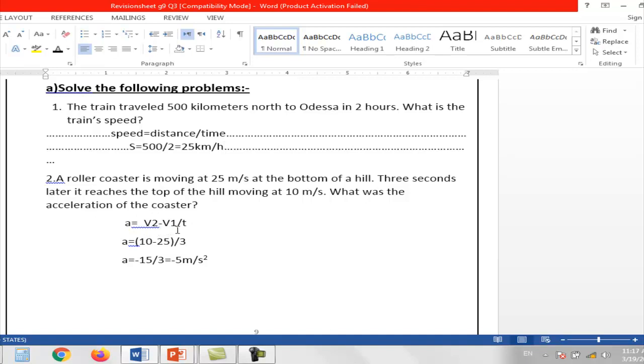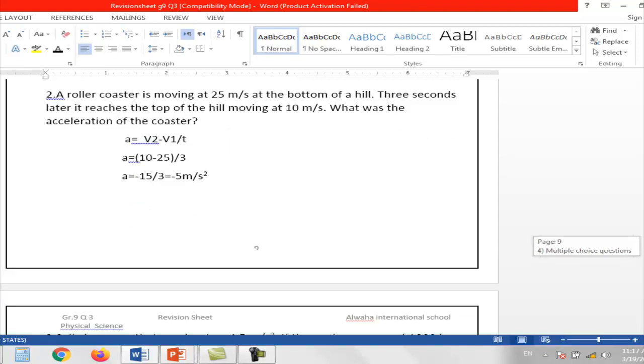It is the rule of acceleration. A equals 10 minus 25 divided by 3. Okay, A equals negative 15 divided by 3. It will be negative 5 meters per second squared. So this movement has negative acceleration.